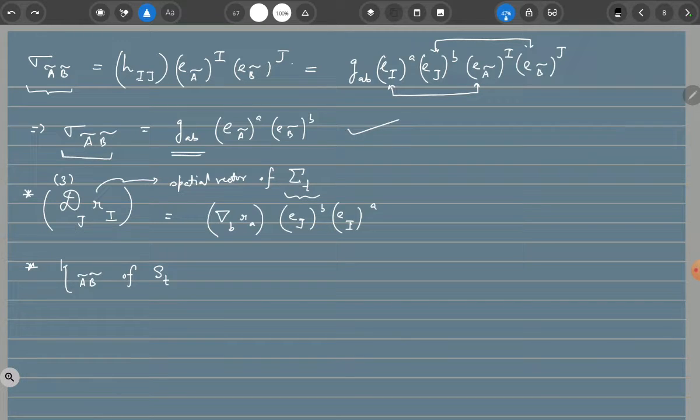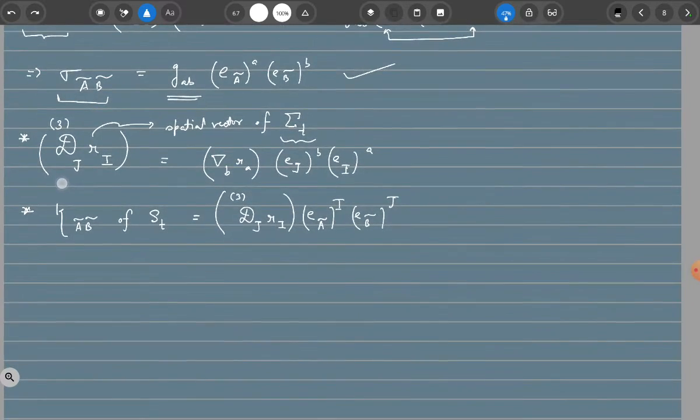As viewed as an embedding in the three-dimensional surface sigma t is equal to del_J of R_i e^i_A tilde e^j_B tilde. So this is our definition, as viewed as an embedding in the three-dimensional sigma t.